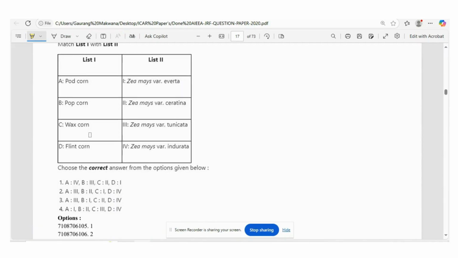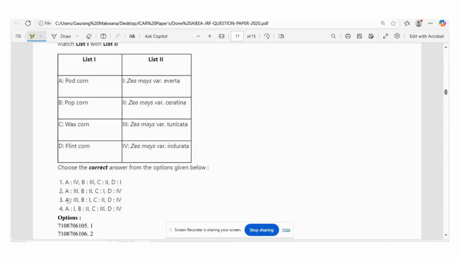Then, match the following. Here, pod corn is related to Zea mays var. tunicata, so 1 is linked with 3. Then popcorn is related to everta, that means B1.